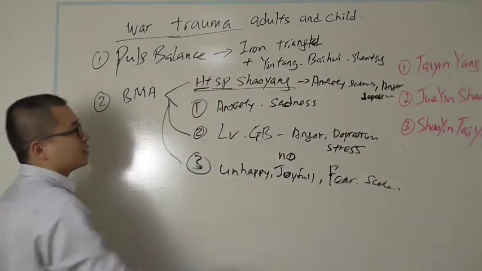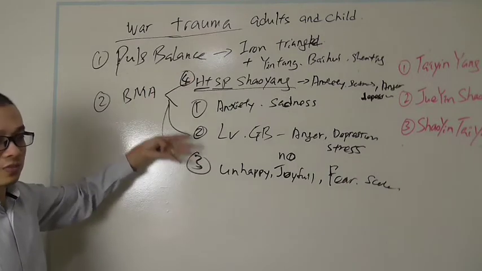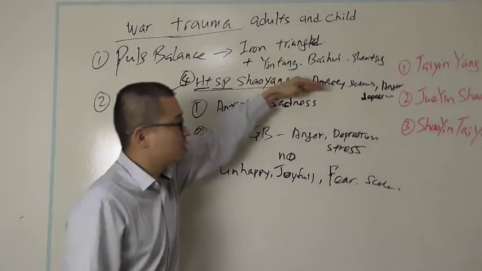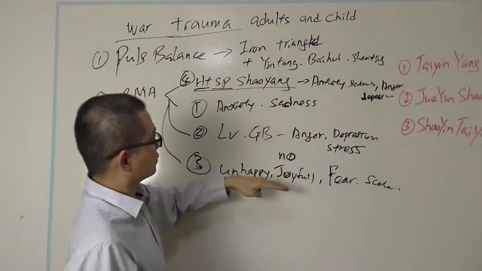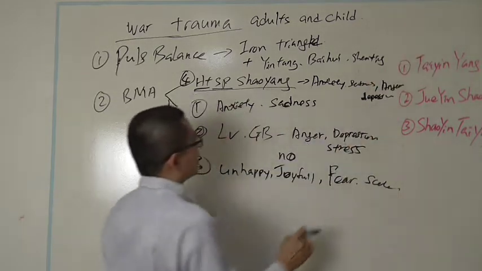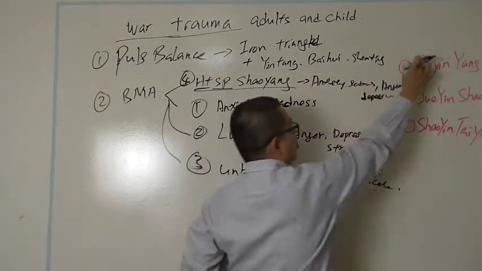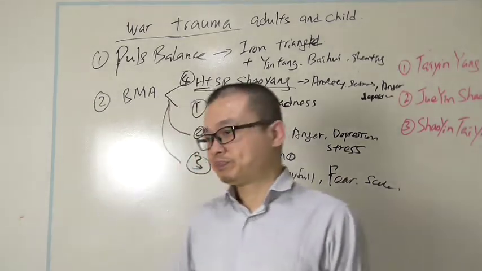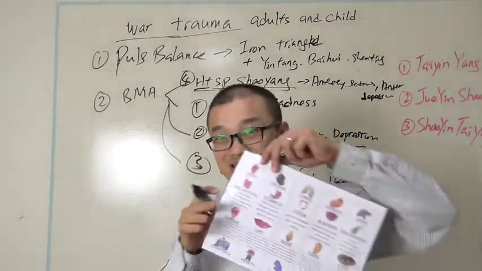That's another protocol over here. Let's say this is 4. Because the other 12 of them, you can use them if you're familiar with them, right? If you don't know about this one, this patient comes with anxiety and sadness, we use Tai Yin Yang Ming, then anger, depression, those two, then we use those two combined together, right? So simple. And this is for treating the internal disease.